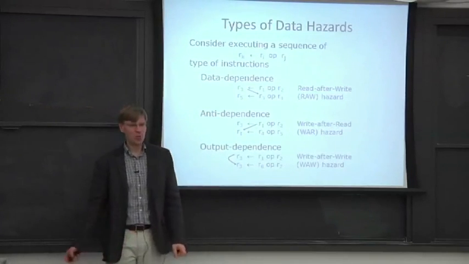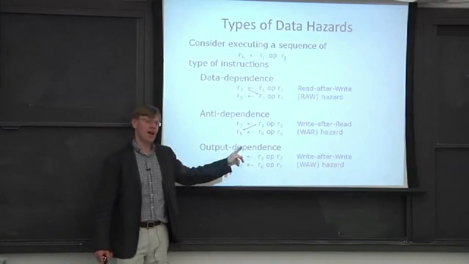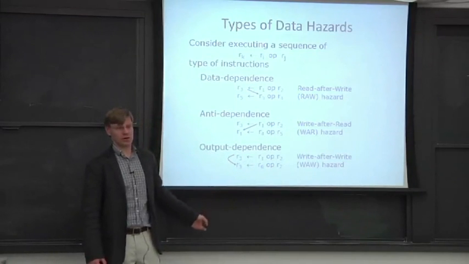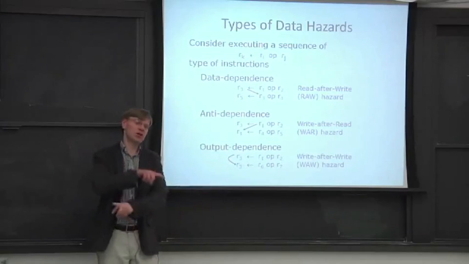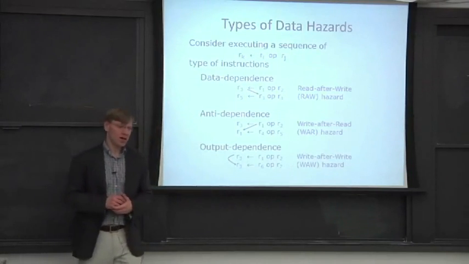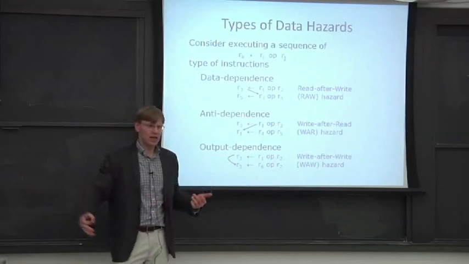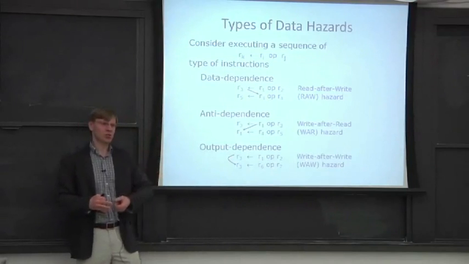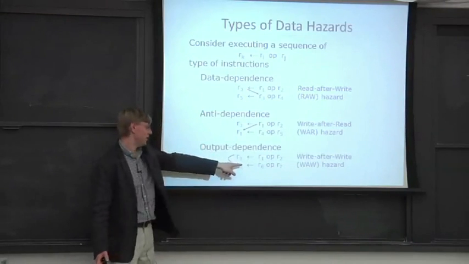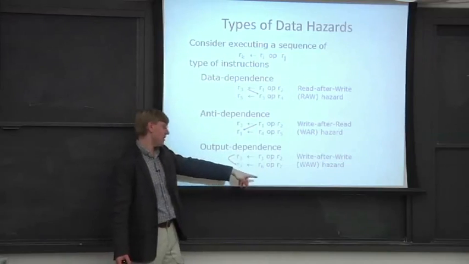OK, output dependencies. This is something that you could possibly even have happen on a simple in-order processor core if you write back to the register file from different stages. Let's take an example. If you have a multiplier, like in your lab, which is going to write at the end of the pipe and has a very high latency, and then you have an instruction like an add, which tries to write to the register file early, you might write this instruction's result to register 3 before that instruction's result.